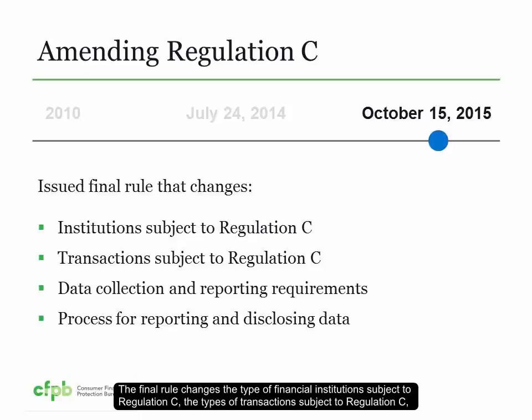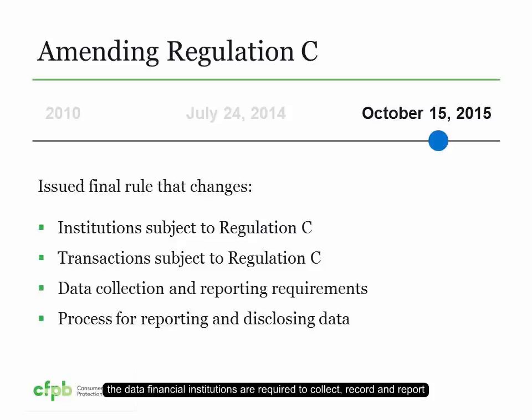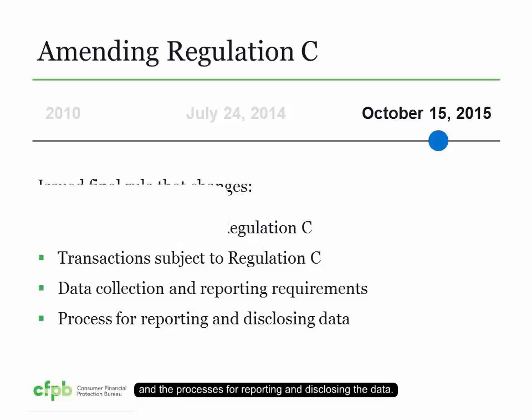The final rule changes the type of financial institutions subject to Regulation C, the types of transactions subject to Regulation C, the data that financial institutions are required to collect, record, and report, and the processes for reporting and disclosing the data.